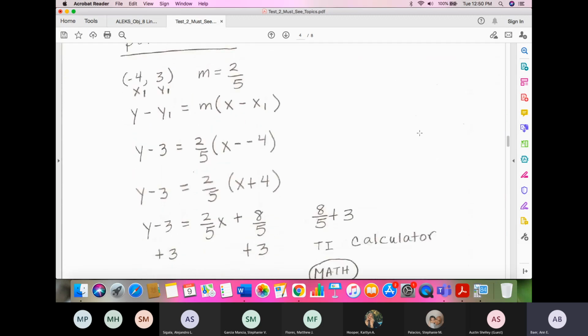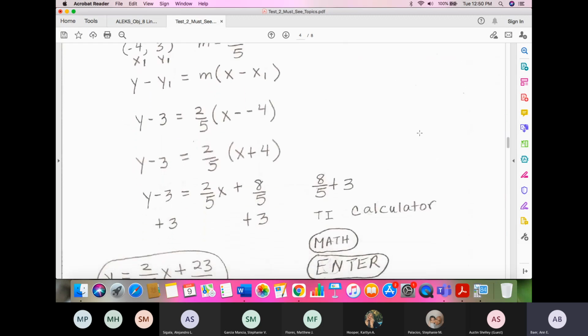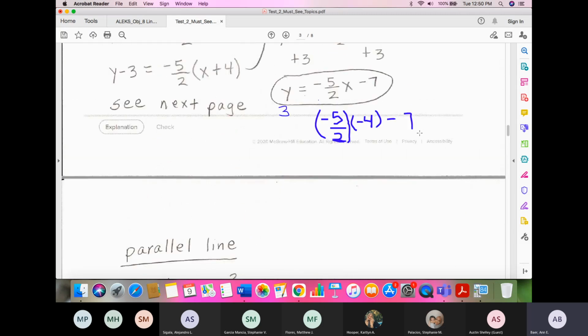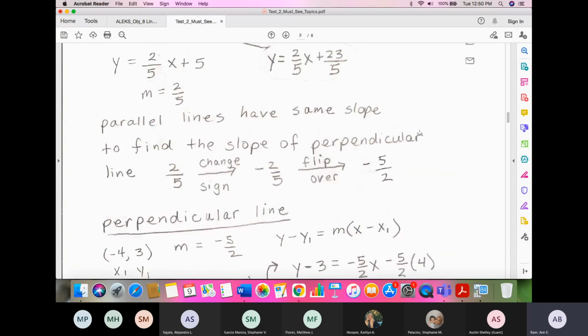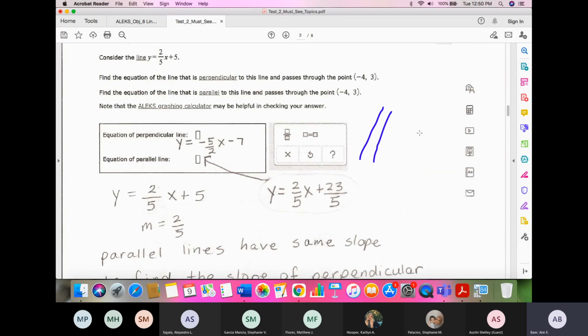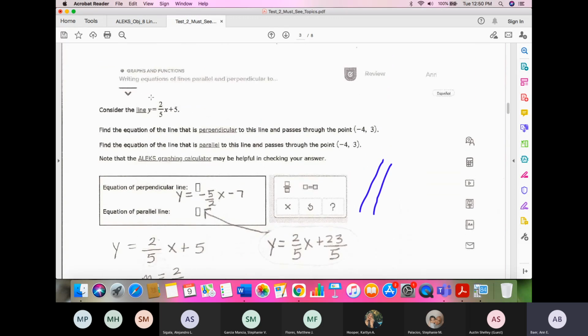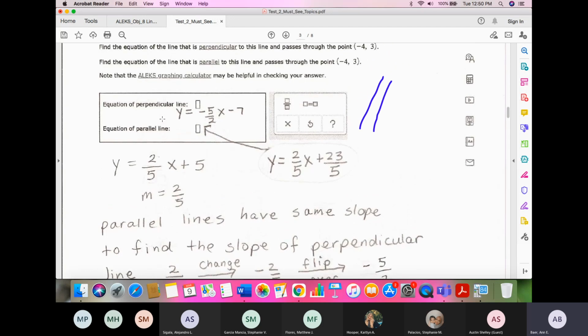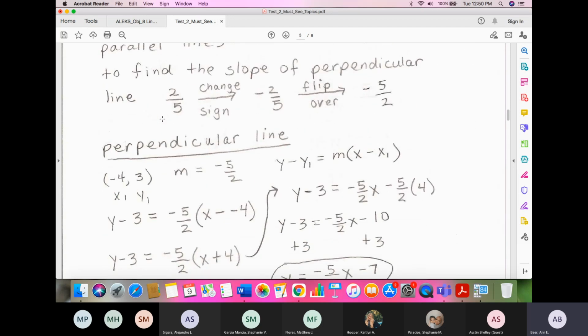So now the parallel line works exactly the same way, except it's a bit easier because what we're using for the slope of the parallel line is just this 2/5. Parallel lines have the same slope, so we're using 2/5 in that case. We're still using the same exact point, negative 4, 3.